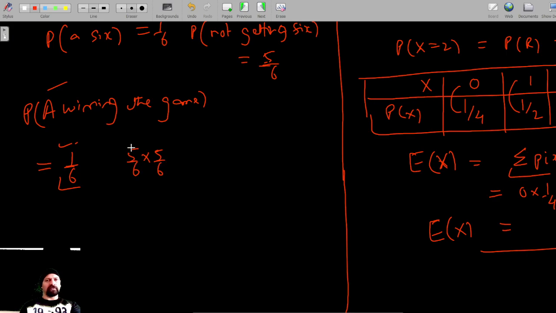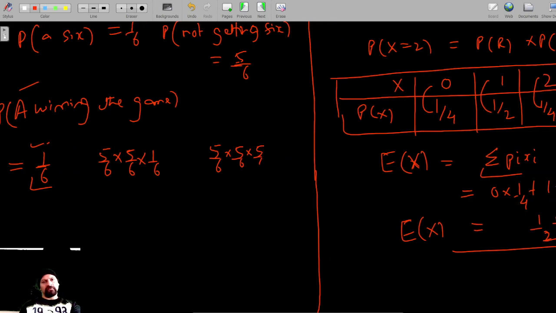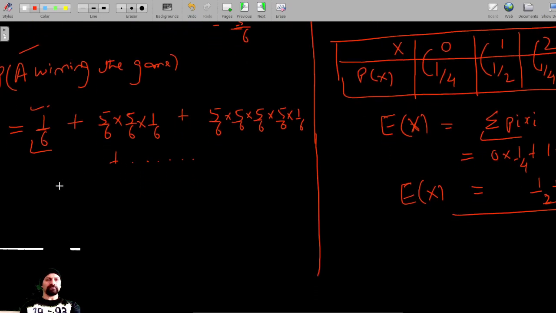So this is 5 by 6. And now comes the turn of A and he wins. So this is 1 by 6. Similarly, A doesn't win the game, B doesn't win the game, and now A wins the game. So this goes on like this.